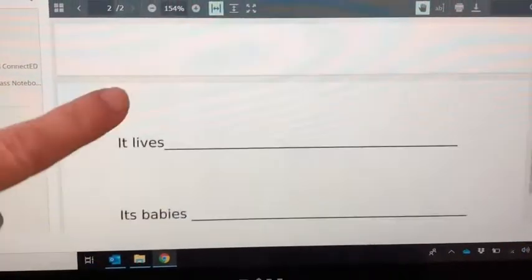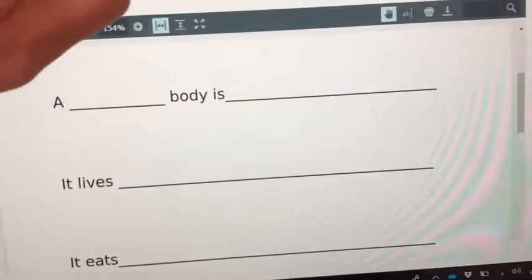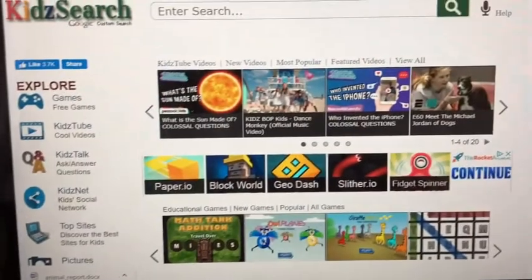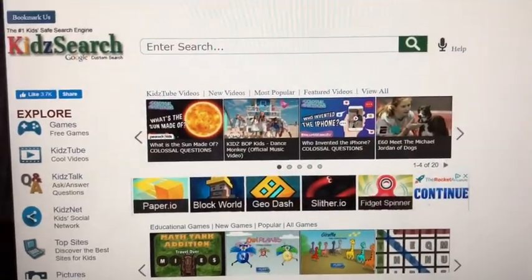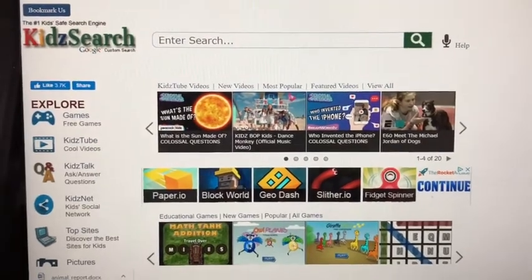So to get these answers, I know my animal is a bit unique, so I'm going to go to kidssearch.org because I'm thinking it might not be on PebbleGo. Okay, so I'm typing in javelina to the Kids Safe search bar, and before I even finish typing the name, it gives me some suggestions.